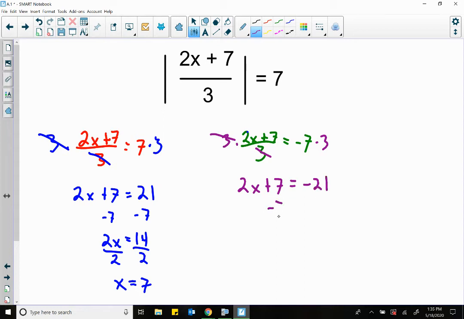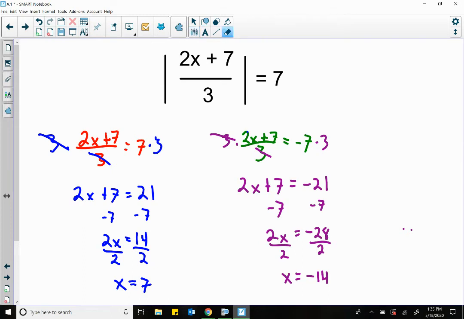Then subtract 7. So that gives me 2x equal to negative 28. Divide by 2. x equals negative 14. And now you've got your two answers.